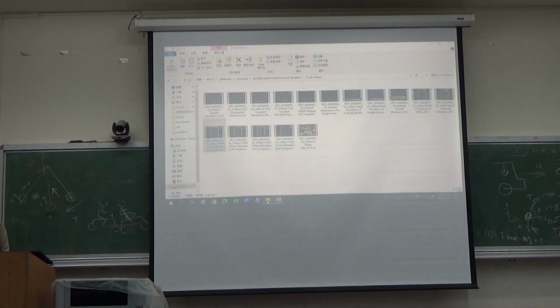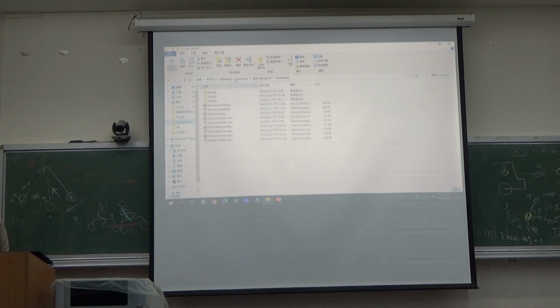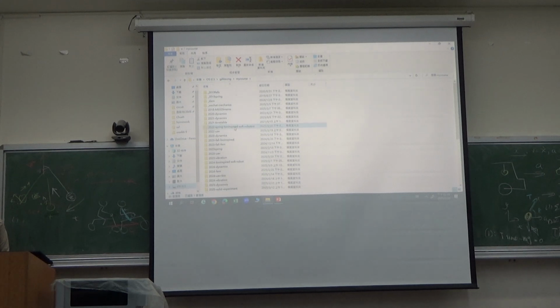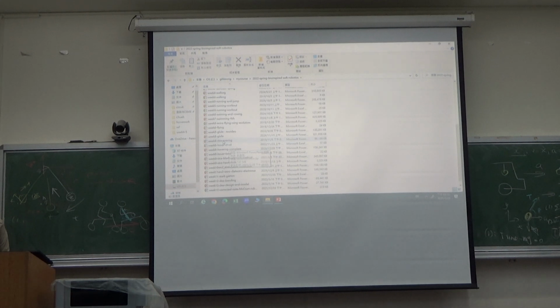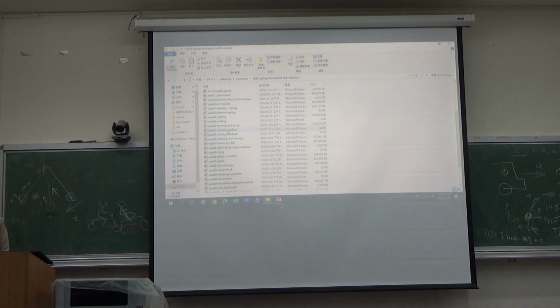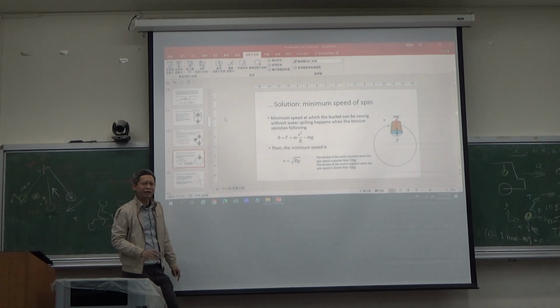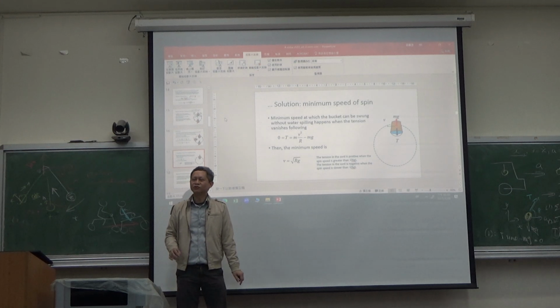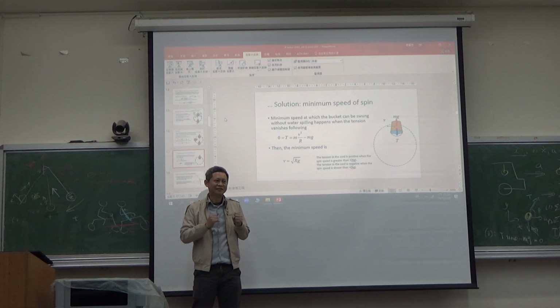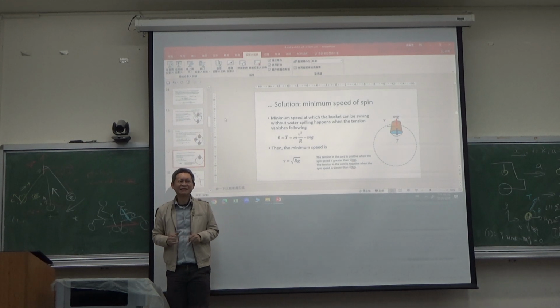Okay, let's make a quick guess. What is the maximum speed of walking? Does anyone take part in race walking?